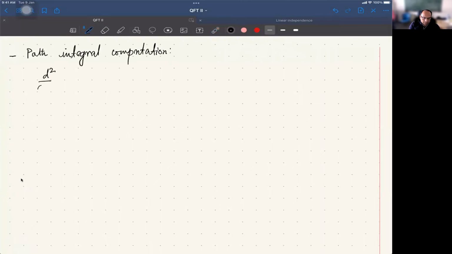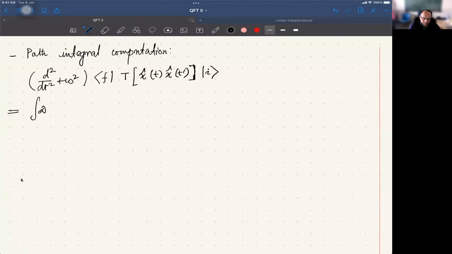So (d²/dt² + ω²) acting on the time ordered product ⟨x̂(t) x̂(t')⟩ is equal to the integral Dx_i^f e^{(i/ħ) S_i^f[x]} times (d²/dt² + ω²) acting on x(t').